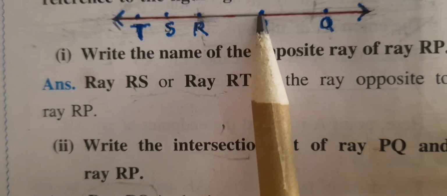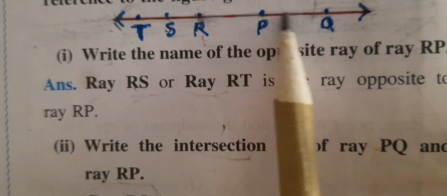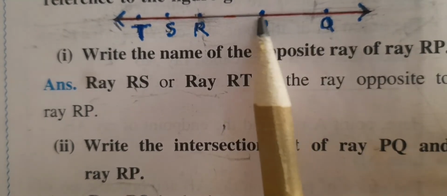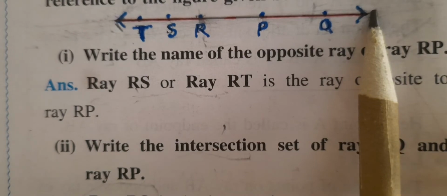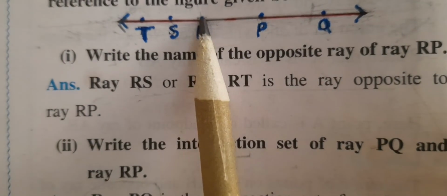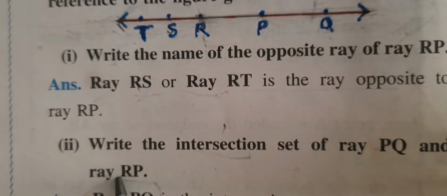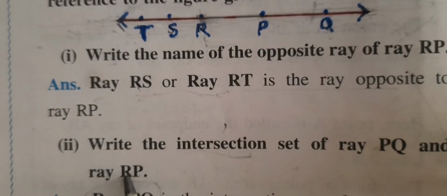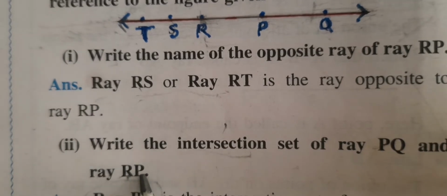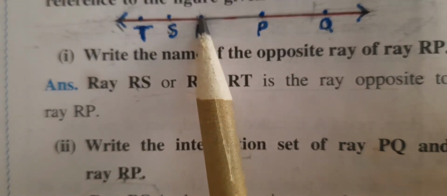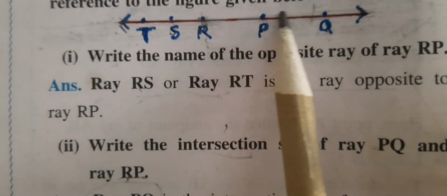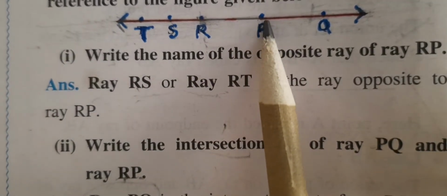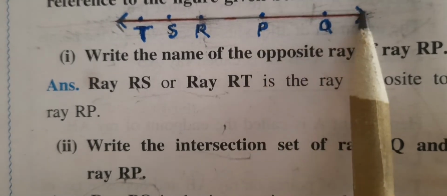The intersection of ray PQ starts from here and goes in this direction. And ray RP starts from letter R and goes in the direction of P because the name is RP. Starting point is R. R will be called the starting point or end point of the ray, but it goes in the direction of P. Now ray RP starts from here and goes endlessly this side, and ray PQ starts from here and goes endlessly in this direction.